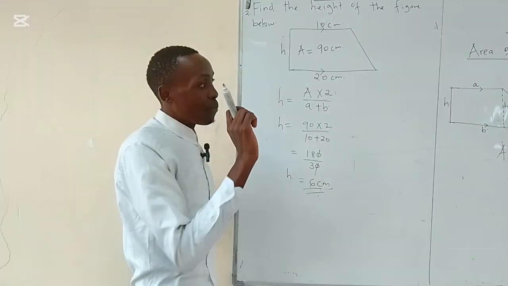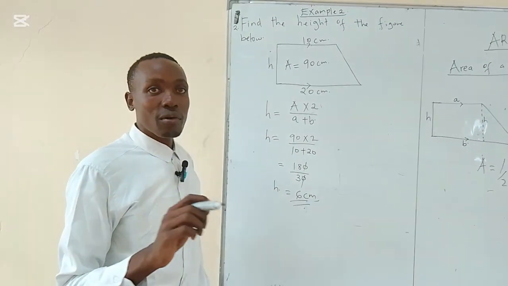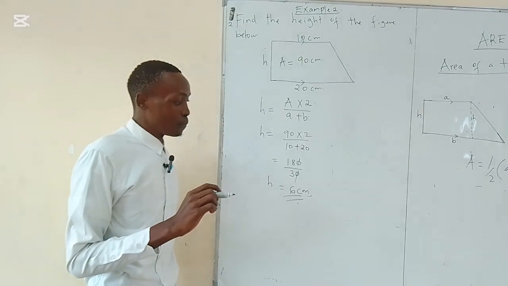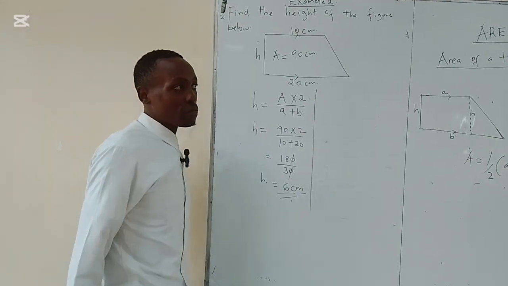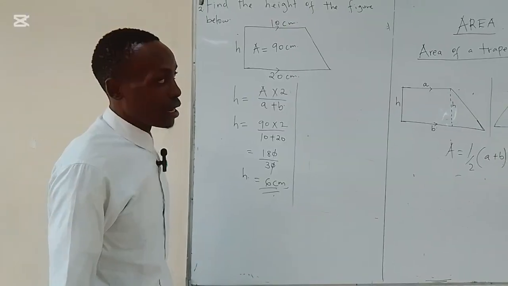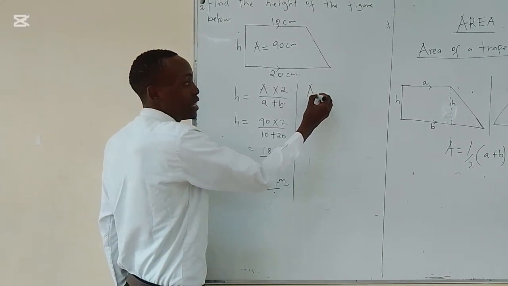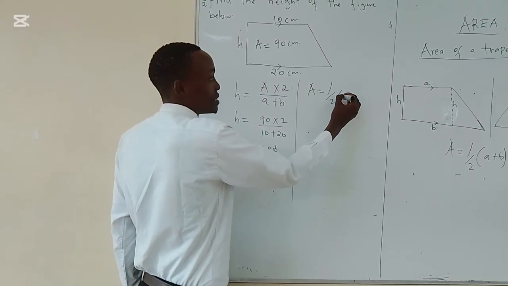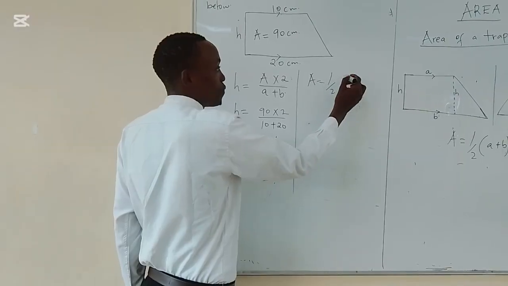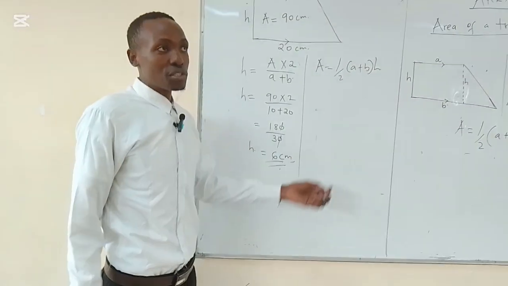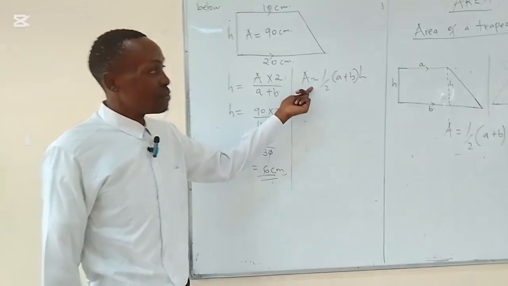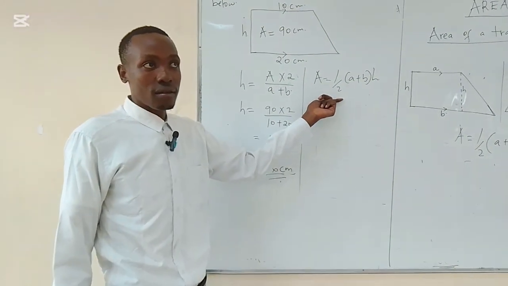But others use the long formula where you substitute the values in the formula. So I can equally work out the one using the old formula of area. So area is given by half times A plus B times height. Also, you can substitute the values you have been given into this formula of an area.